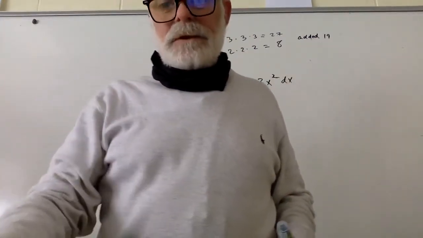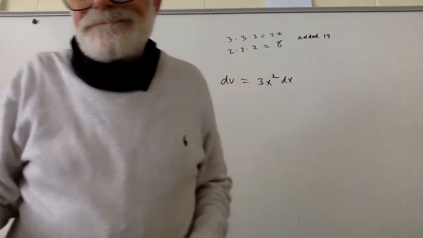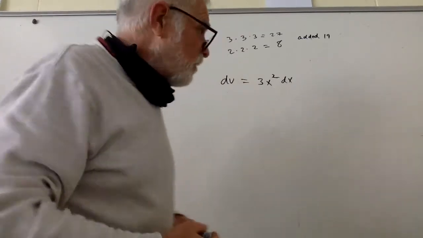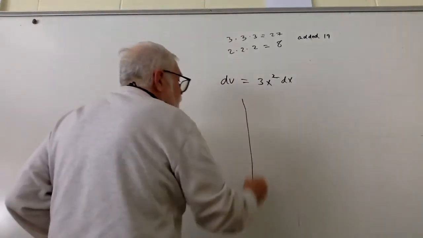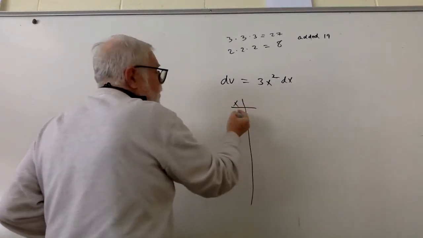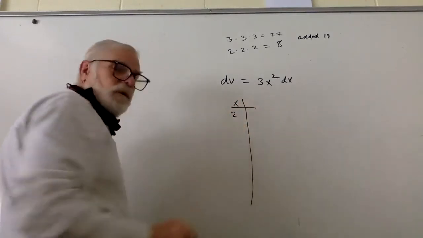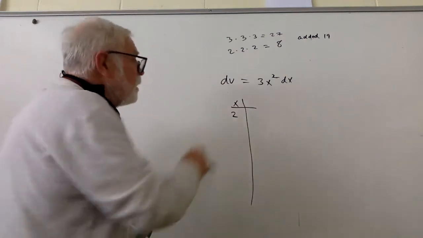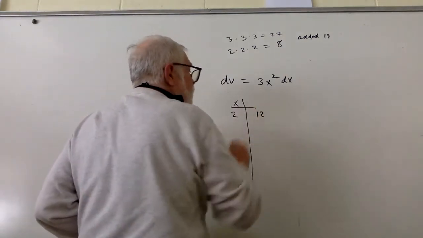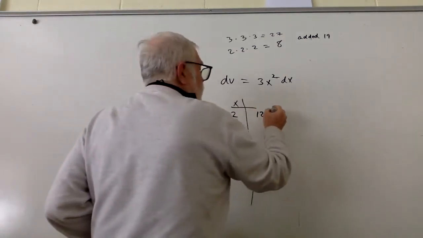You know, this is actually a Riemann sum. I started with what number? 2 by 2 by 2. So what's the area? Looks like there's 12 units of area. And I'm multiplying that by what?